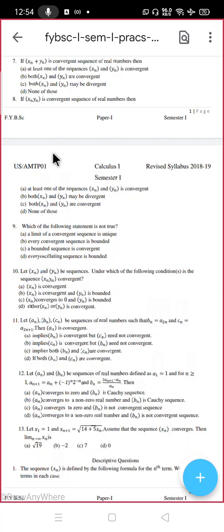At least one of the sequences is convergent. Yeah, okay. If you're saying something, then you need to give an example. Give me a counter example if you're saying it is not true.